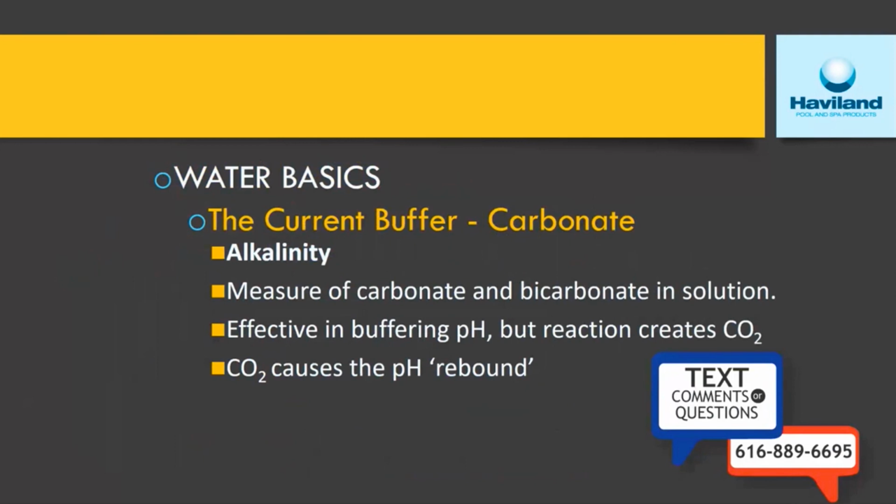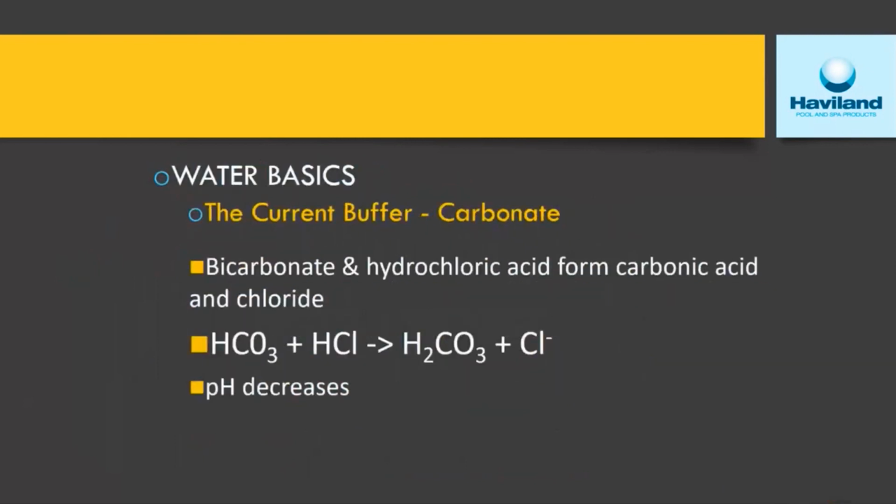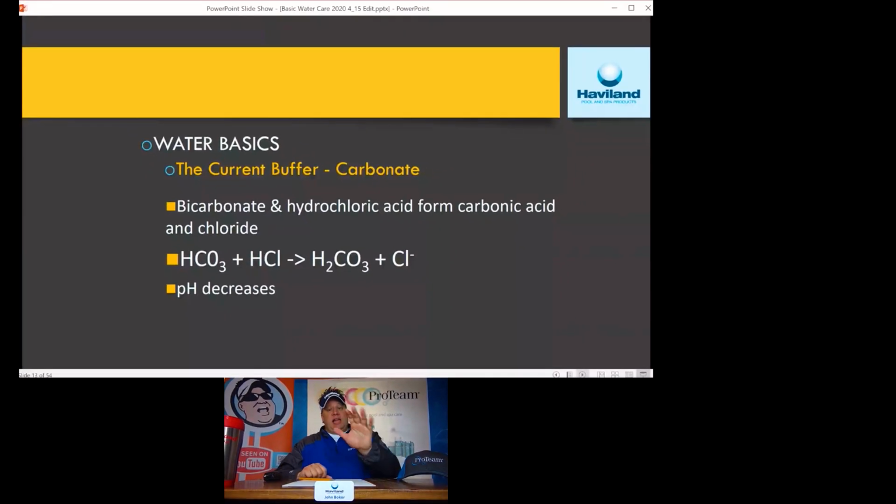I know it's weird. When our pH or total alkalinity is high, we use acid to bring it down, right? It's scale forming. We want to bring it more towards the acidic side. We add acid. That acid actually forms carbonic acid in the water, and the pH decreases.